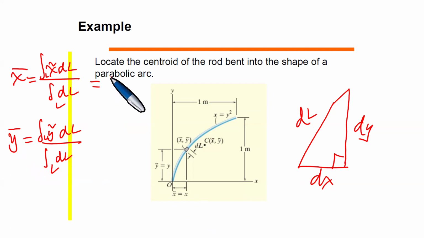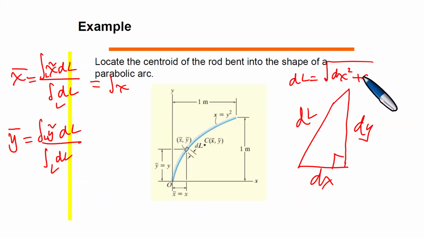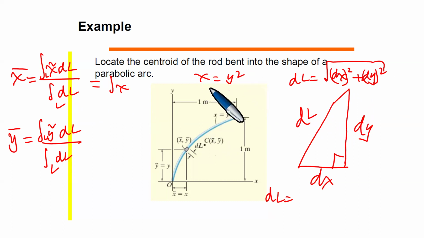Now the top: x tilde is x. And for dl, use the Pythagoras theorem: dl becomes the square root of dx squared plus dy squared. Once again, we know that dl can be written differently. Because x is y squared, dx is 2y dy.